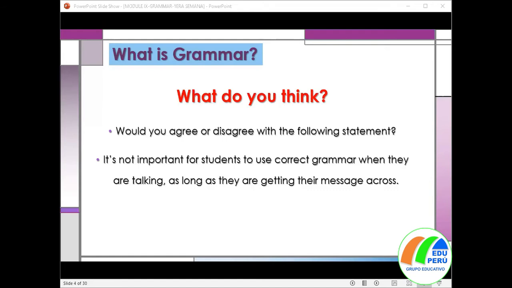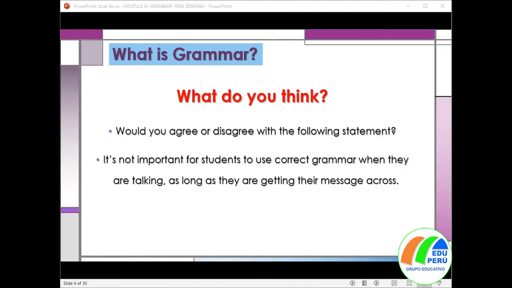For example, if we are in the USA for the first time, someone might say it's not important to use correct grammar to communicate. All right, maybe. But if the person who travels to the USA doesn't know anything about the language, it would be very complicated to communicate.